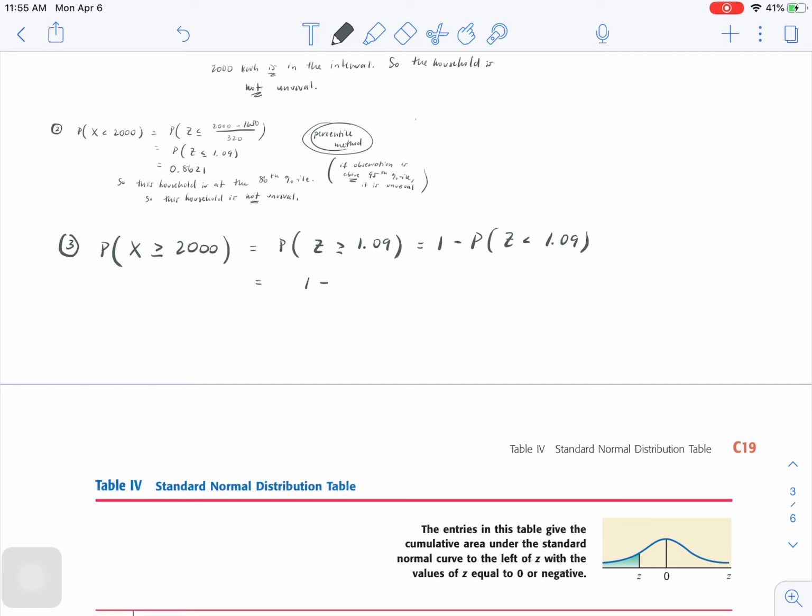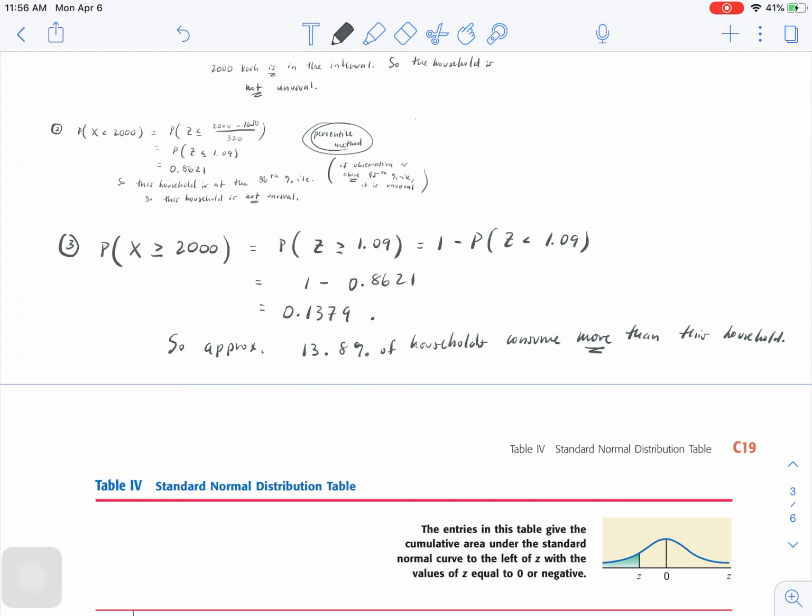So this is 1 minus 0.8621, which is 0.1379. So approximately 13.8% of households consume more than this household.